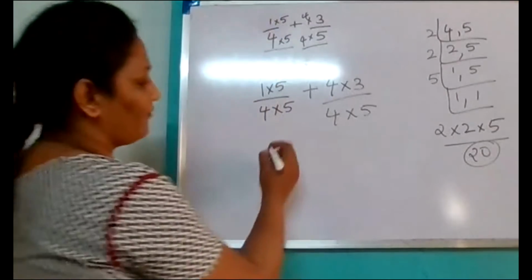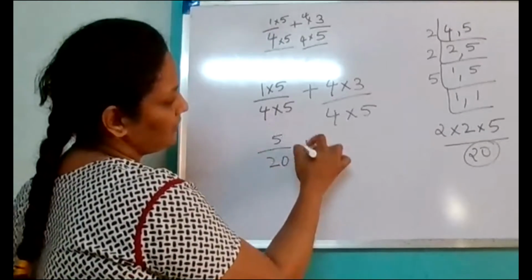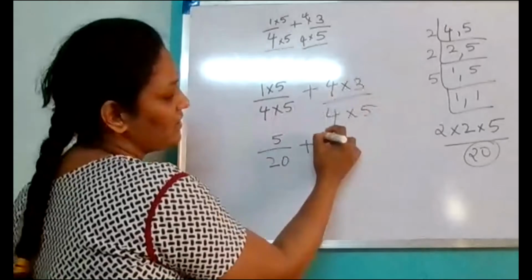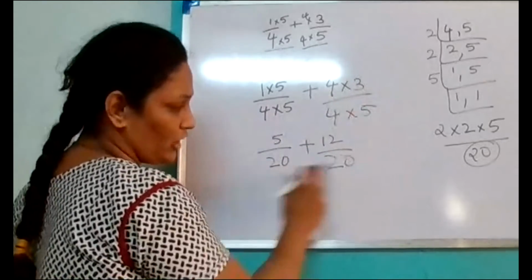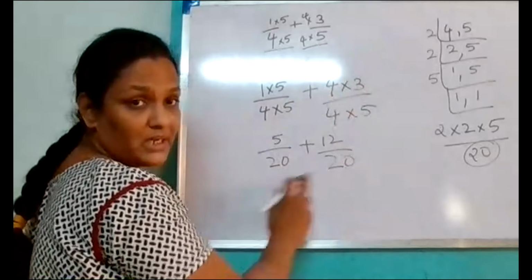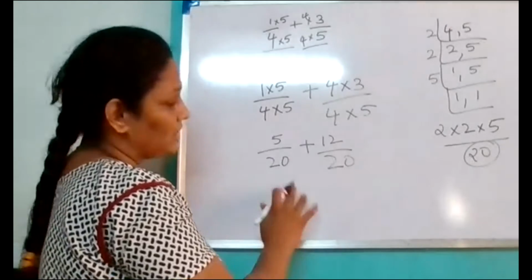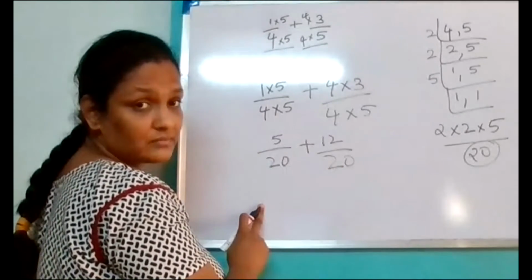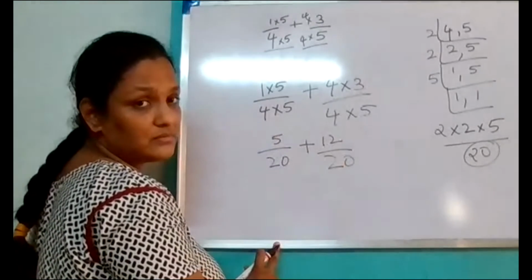Now what is 1 by 5? And 4 by 5 is 20 plus 3 by 4 is 12 and 4 by 5 is 20. Now did you get the same denominator? Now can I add? Yes, ma'am. We got the same denominator. So what is 5 plus 12?